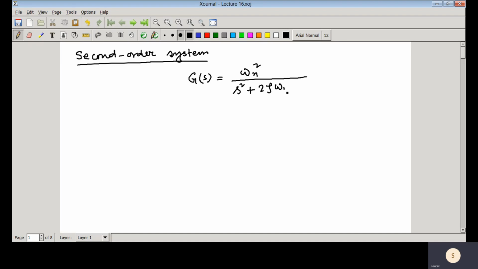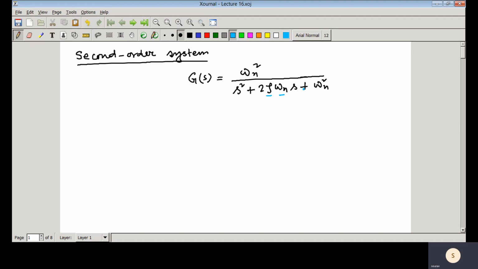So that is omega n square over s square plus 2 zeta omega n s plus omega n square. The time response of a second order system is characterized by zeta and omega n. So that thing we have discussed.